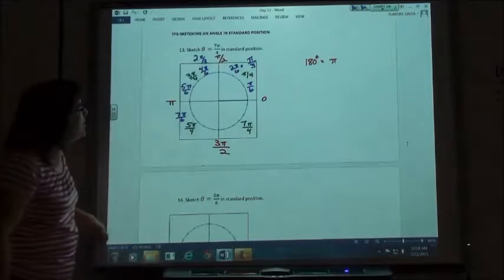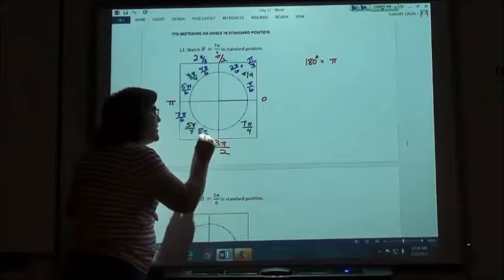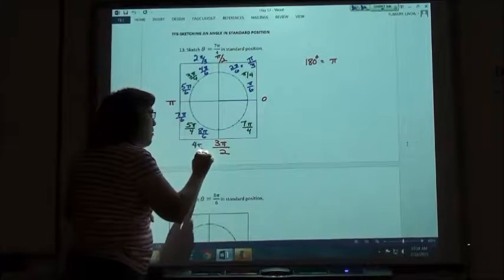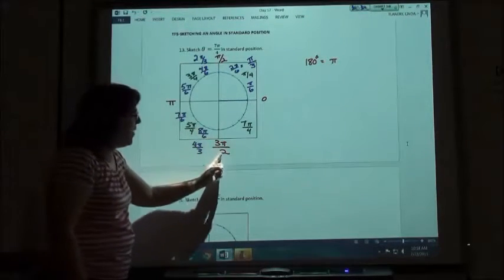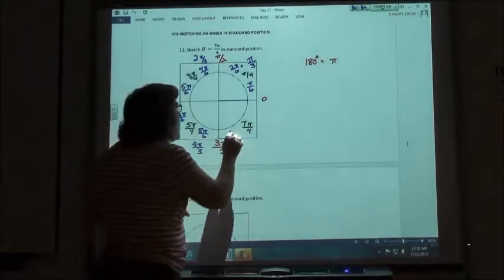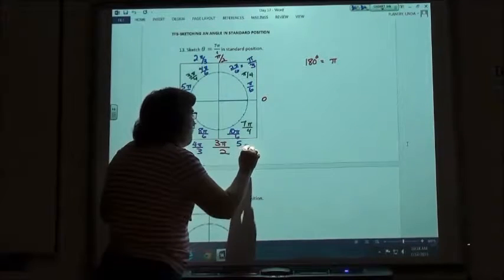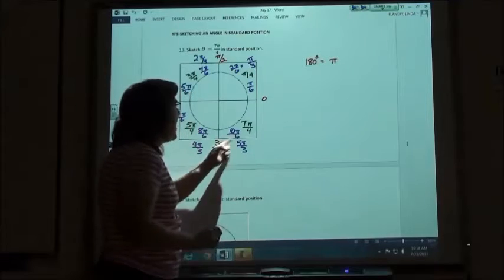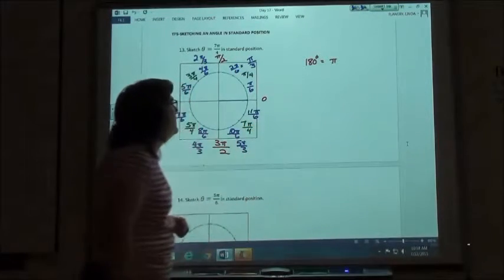Again, that one doesn't reduce down. Here we would have 8 pi over 6, which is 4 pi over 3 if I reduce that down. 9 pi over 6. This one here would be 10 pi over 6, which would reduce to 5 pi over 3. And then we have 11 pi over 6.